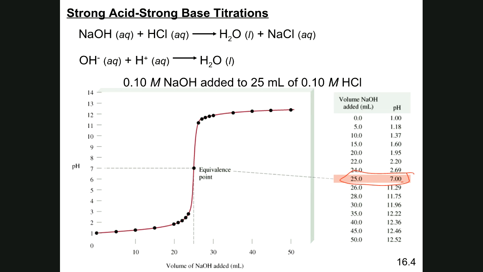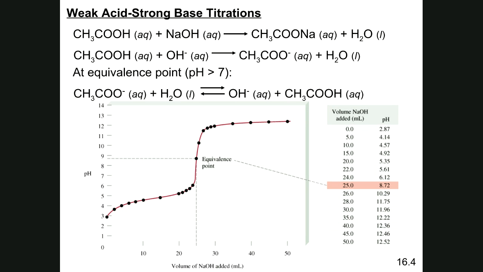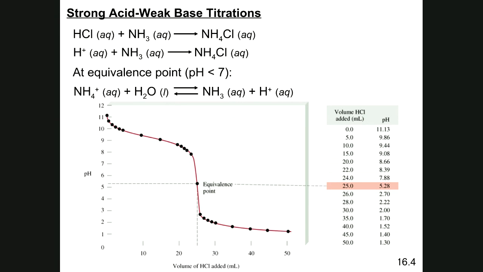If you have a strong base but a weak acid, the pH for the color change is going to be higher than 7. If you are using a strong acid and a weak base, the equivalence point will happen at less than pH 7.